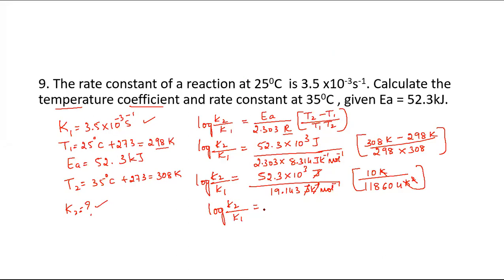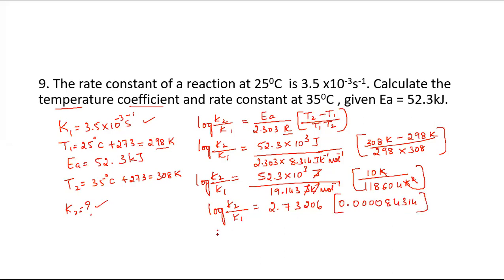Okay, so this is 2.73206, okay, into 10 divided by 118604. So this will be 0.000084314.